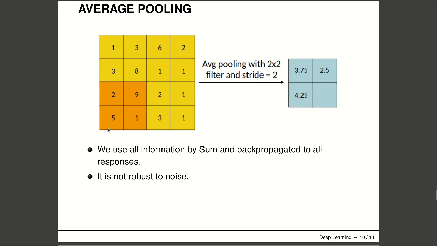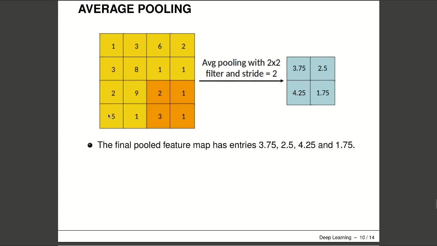Since we take the average of the values in the windows, the average pooling operation is not robust to noise. If we add some noise here, then the noise is also included in these values. Therefore, by applying average pooling on our input, we calculate the average pooling with 3.75, 2.5, 4.25, and 1.75 at the end.